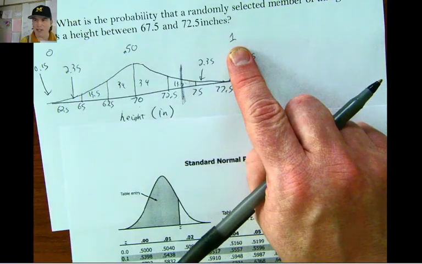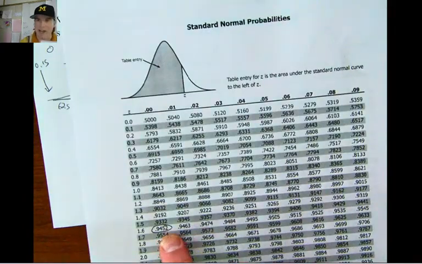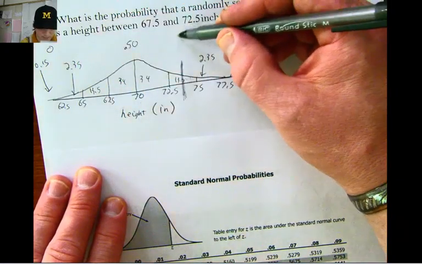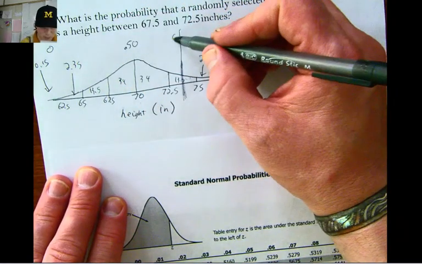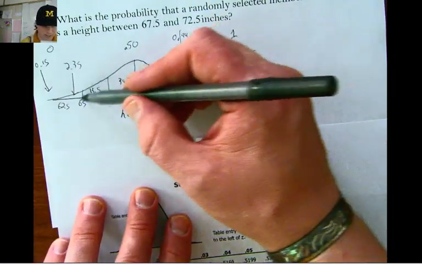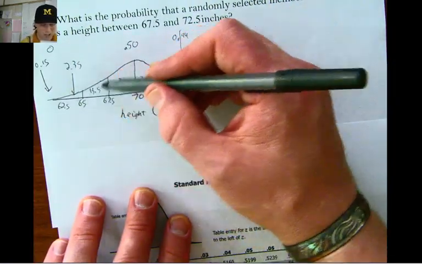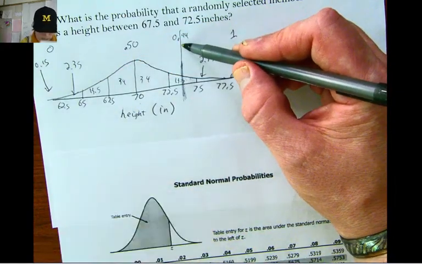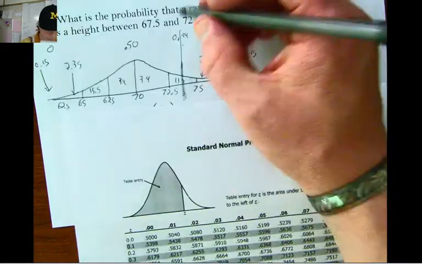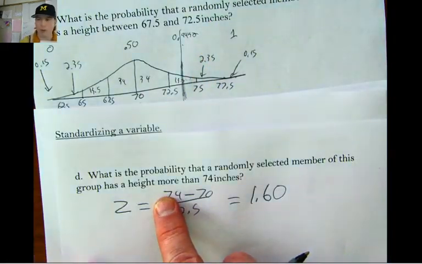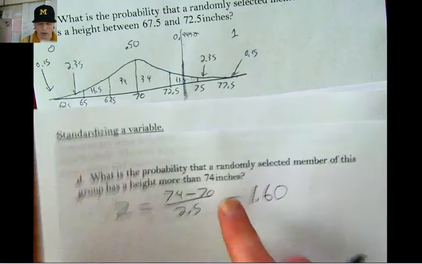So when it gave me 0.9452, it's saying that right here at this 0.94, it's all of this shaded area. That's the area from here all the way to here, 0.9452.